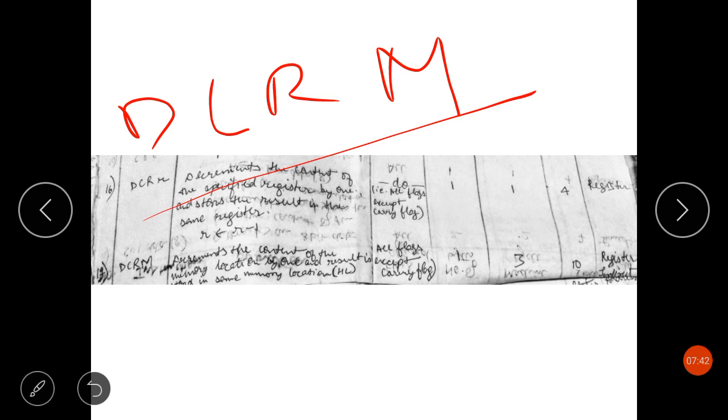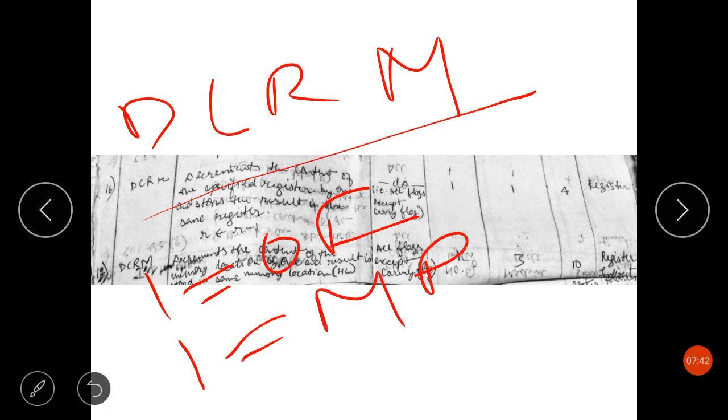For the complete execution of this instruction, the first machine cycle will be used for opcode fetch. After fetching the opcode and decoding it, the microprocessor will get to know that it has to decrement the content of the memory location whose address is pointed out by the HL pair. So the microprocessor has the address, but it has to read the content of that address. So the second machine cycle will be used for reading the content of that memory location.